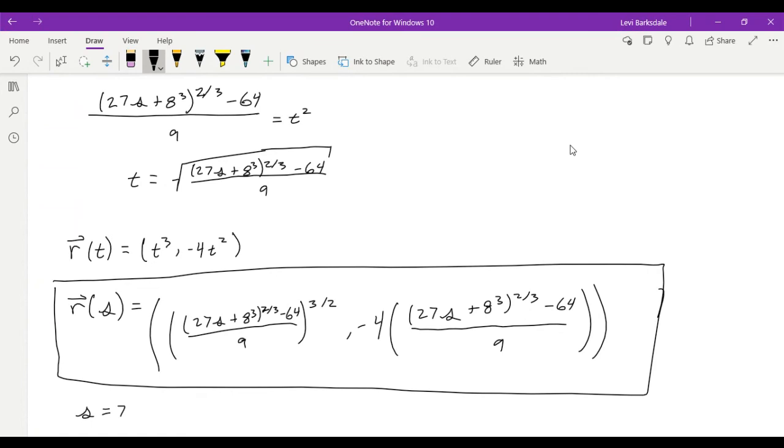Basically, it moves at exactly the same rate as your arc length increases. So the integral of r prime of s from 0 to some value would be equal to exactly whatever value you went to.